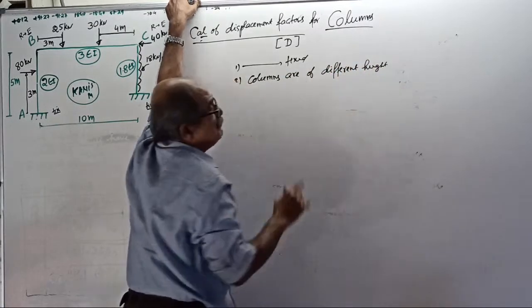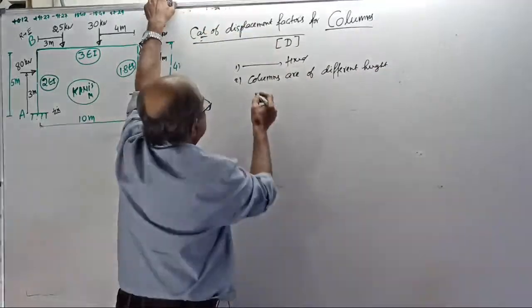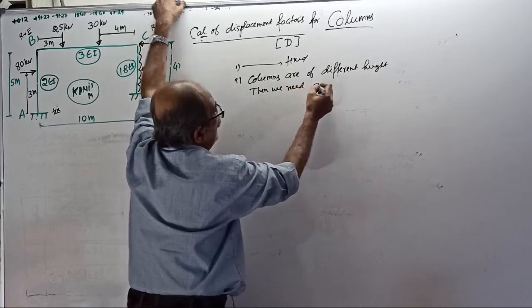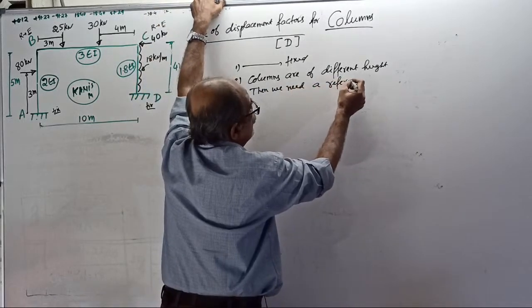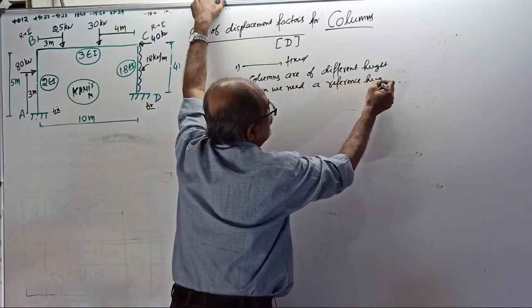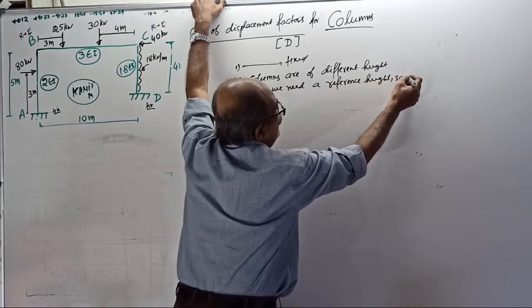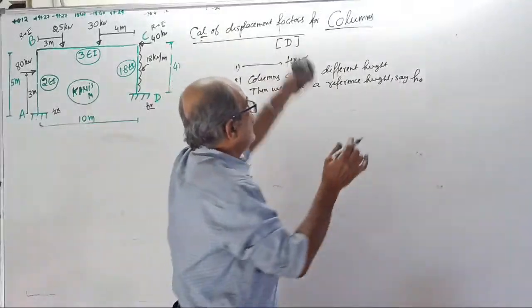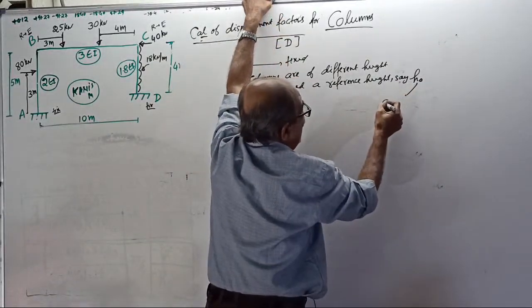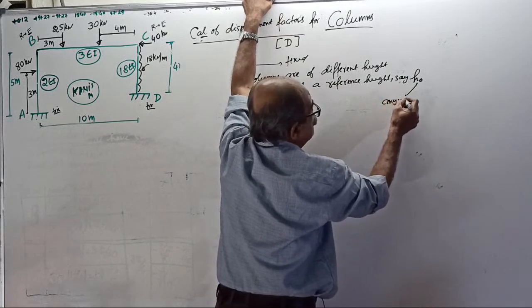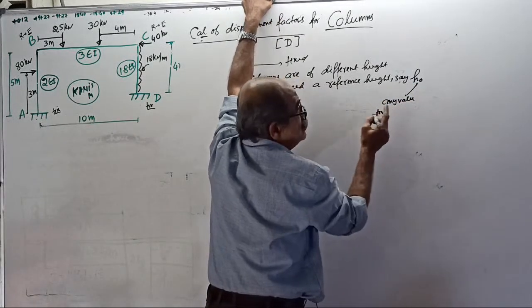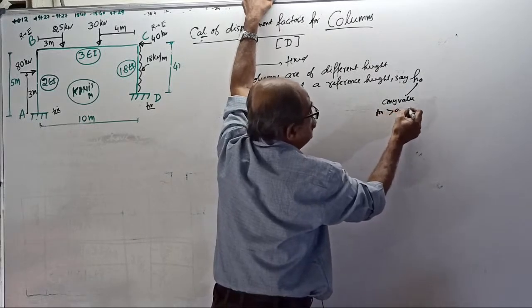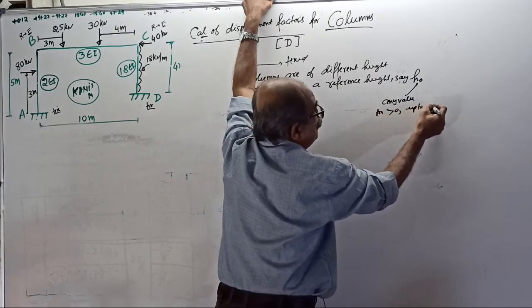If the columns are of different height, then we need a reference height, say H naught. Reference height, you can take any value more than 0 up to infinity.